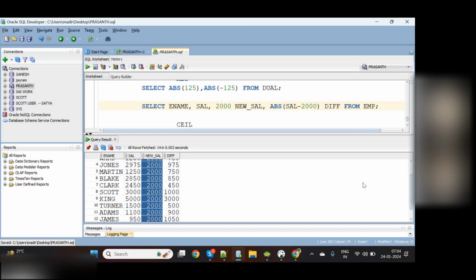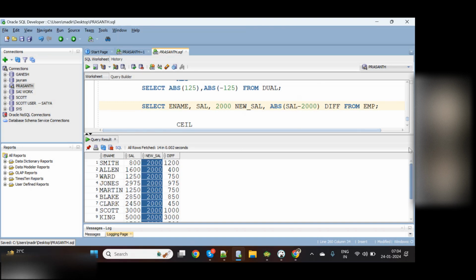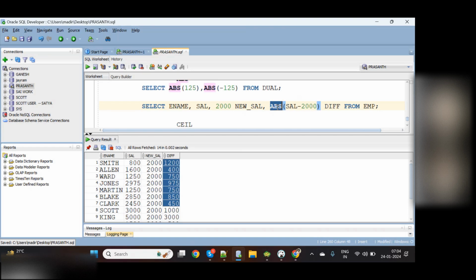So the manager asked you, please find the differences. I want the differences in positive. So simply you will apply the absolute function, so that you are going to show the value only in a positive manner. Understood? Any doubt?